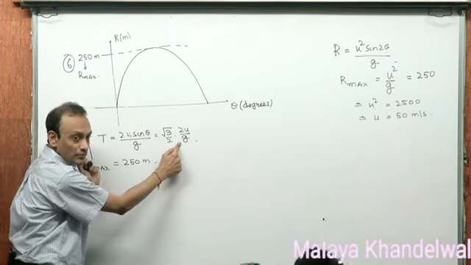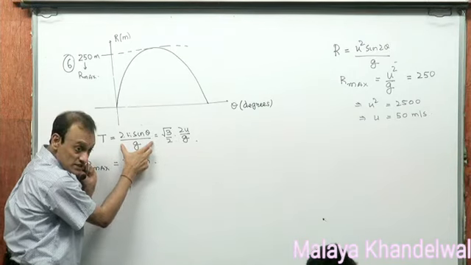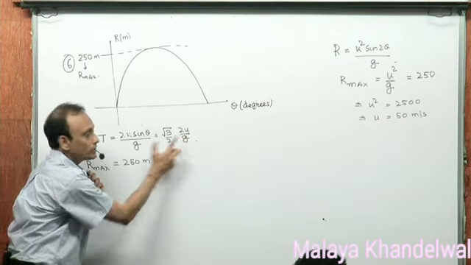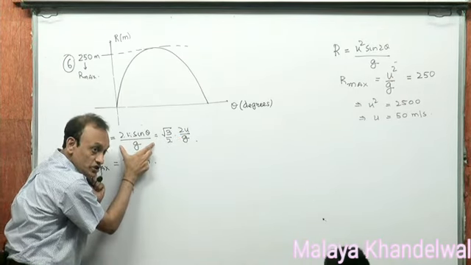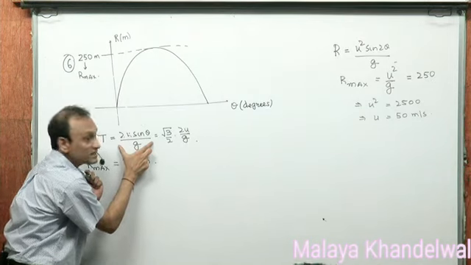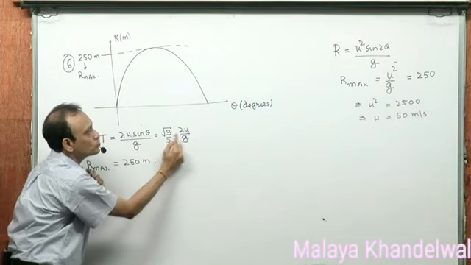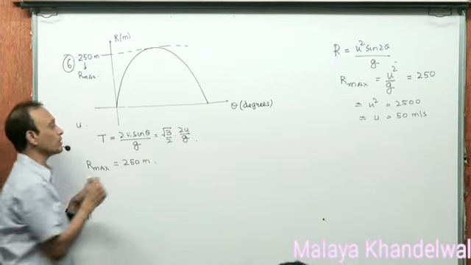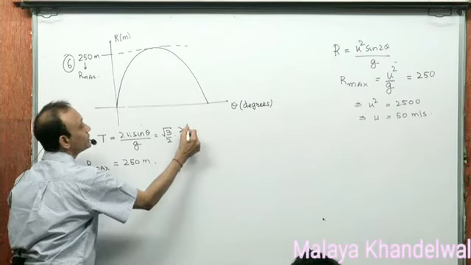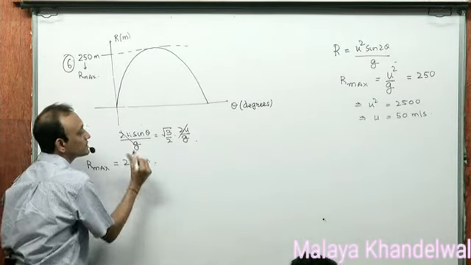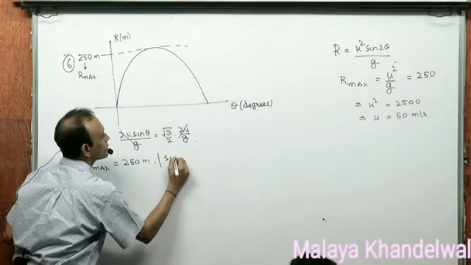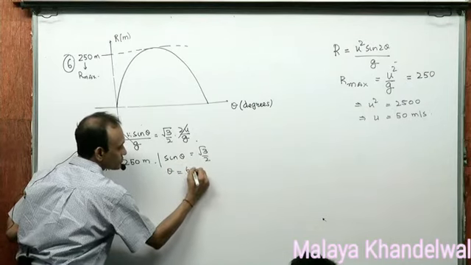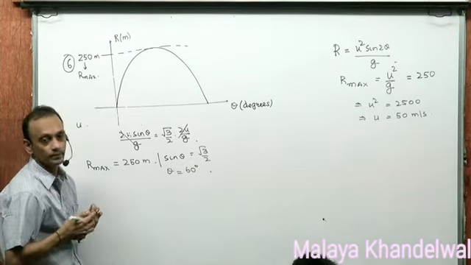That's given in the problem. So very clearly 2u by g will get cancelled from both sides. That gives me sine theta equal to root 3 by 2, or theta equal to 60 degrees.